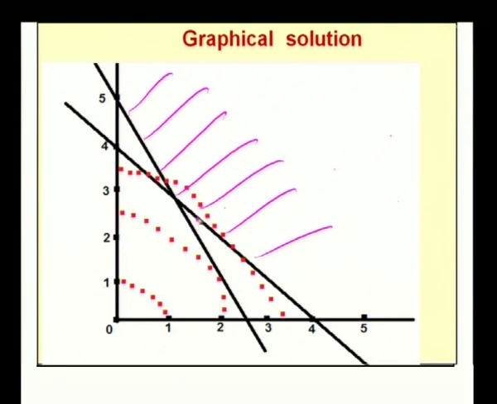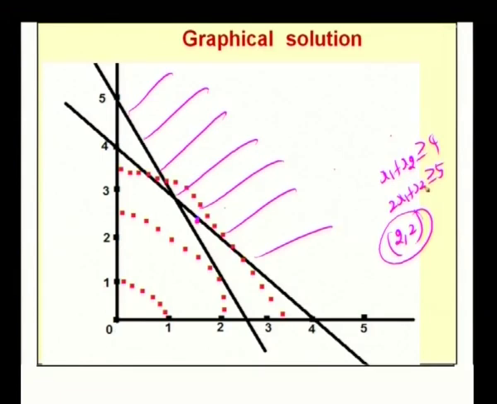Moreover, the given constraints are x1 plus x2 greater than or equal to 4 and 2x1 plus x2 greater than or equal to 5. Now, with the values x1 equal to 2 and x2 equal to 2, both the constraints are satisfied. Moreover, that point lies in the feasible region.